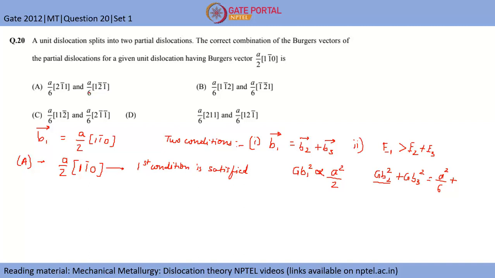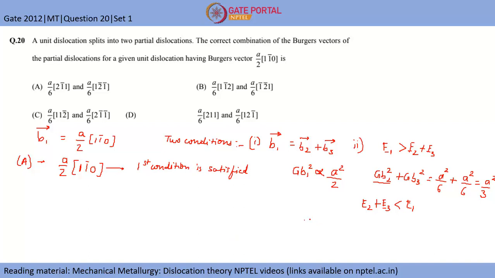So 6 divided by 6 square, which is 36, again a square by 6, which is basically a square by 3. So E2 plus E3 is less than E1, which is favoring the dissociation.